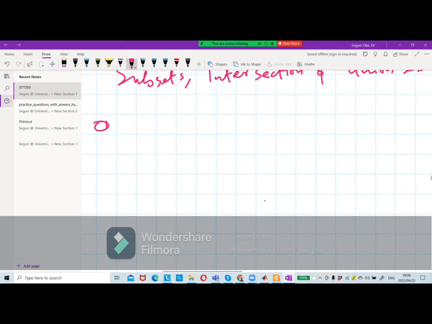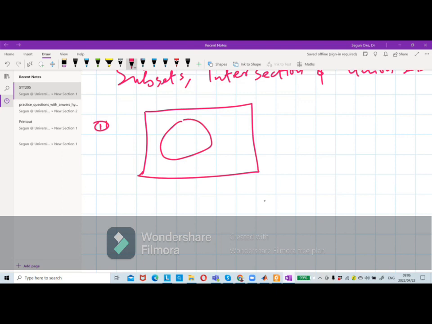So now let's check the first diagram. Number one diagram we have here. The Venn diagram is represented like this. So let's say we have set A and set B. This is A, this is B. Now we have this inside this, including this place.